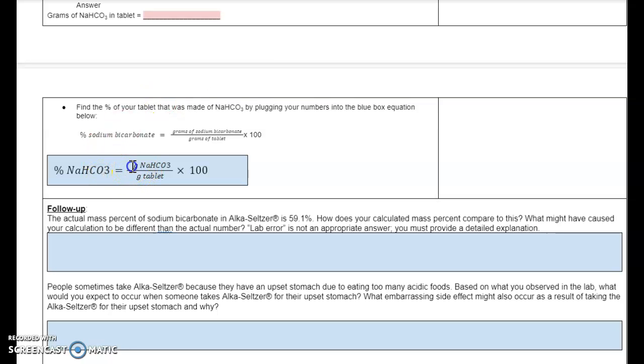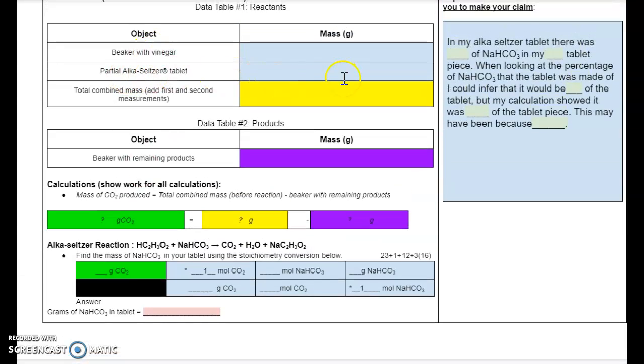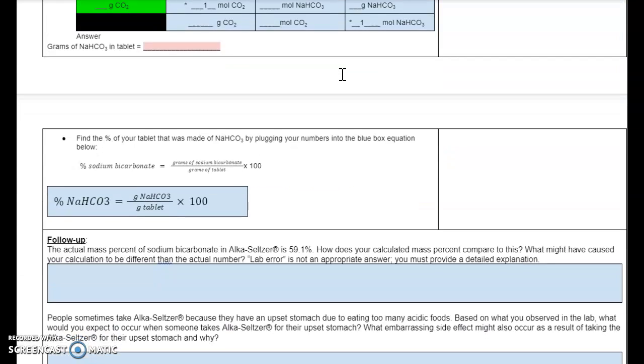I've given you an equation. On top of the equation, you're going to enter the number you found in the red box. On bottom, it says grams of tablet, so you'll scroll back up to the partial Alka Seltzer tablet mass and plug that in on bottom. That's a part of a whole, so what percent? Take the top, divide by the bottom, and multiply by 100 to get a percent.